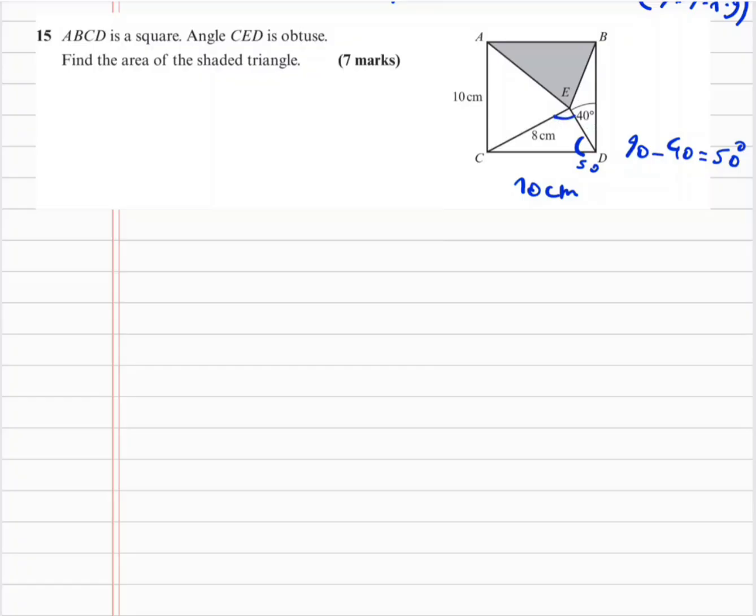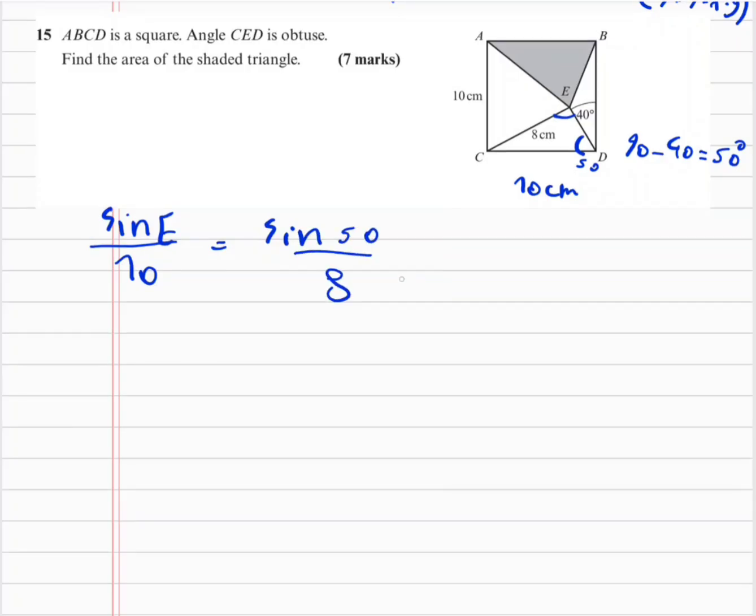So we have sine E over 10 is equal to sine 50 over 8. We just need to rearrange this and find the value of E. After taking the sine inverse, we get two values, and that's a property of sine, but only one of them is going to be acceptable.